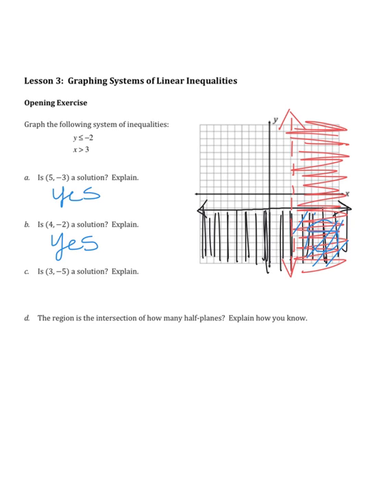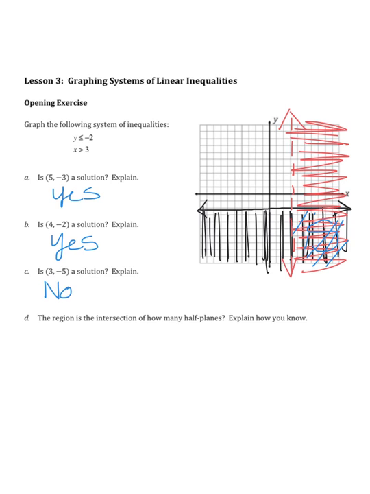Is (3, negative 5) a solution? And the answer to that is no, because 3, although used as a reference line, is dashed, so it's not including 3 in the solution. So we can't use that as a part of the boundary line.